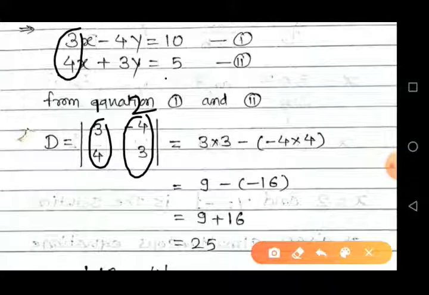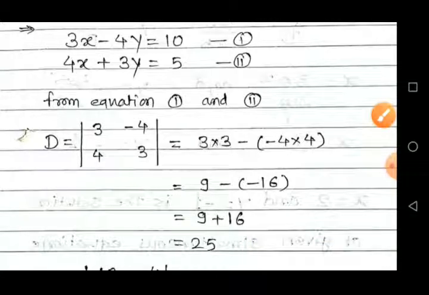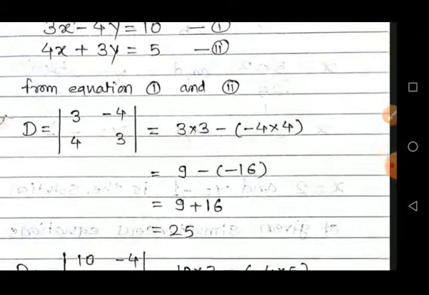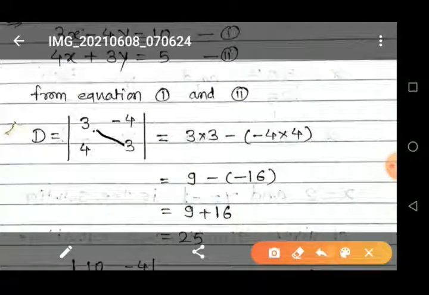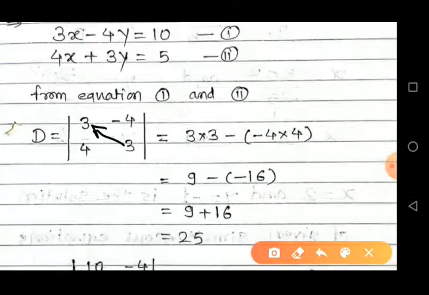and that is equal to, yesterday we have seen how to find the value of the determinant. Do the cross multiplication. First of all, write down the product of the numbers on the principal diagonal, 3 into 3, minus, then the product of the numbers on the second diagonal. The second product will be negative here, that's why I make the bracket for that.